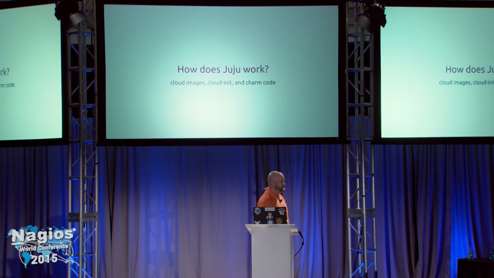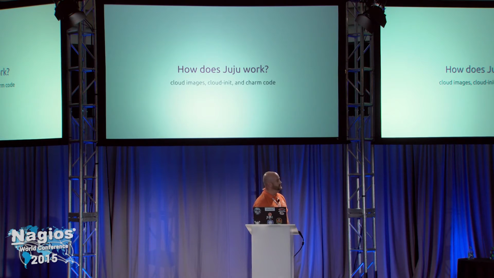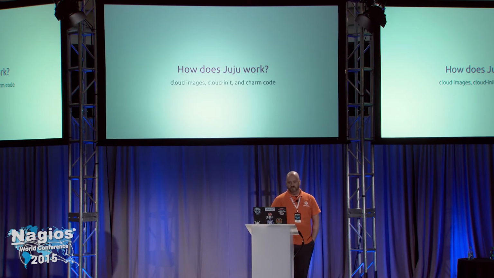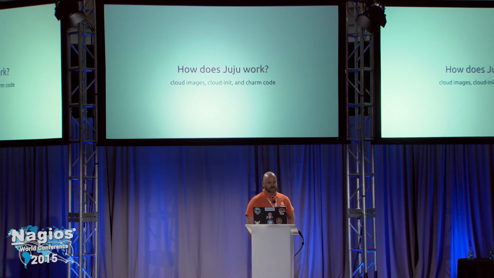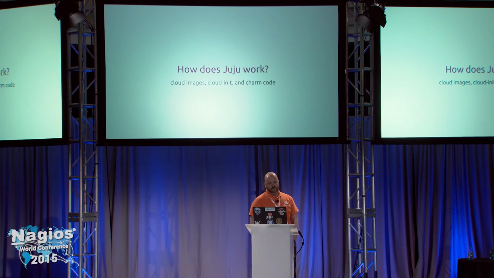They're full instances. You can go on there and run apt-get update or install other packages and SSH to them to your heart's content. But what Juju's doing is it's provisioning it with the minimal cloud image, and then it's installing the software on top of that. So the image gets started and installed via cloud init, and then the charm responds to events that Juju sends to it.